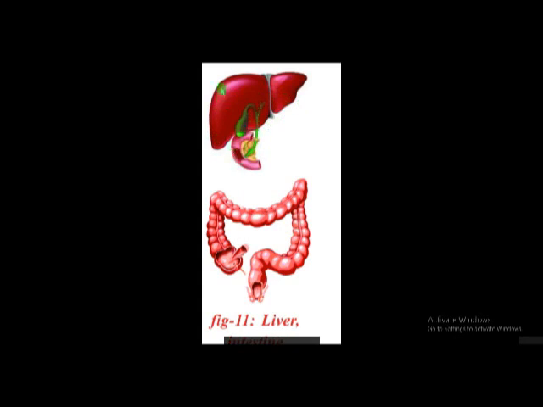Whatever toxic products we eat through our food are first sent to the liver. So it is called a detoxifying organ. So most of the toxic products and bile salts, bile pigments, etc., are excreted by the liver and the large intestine.